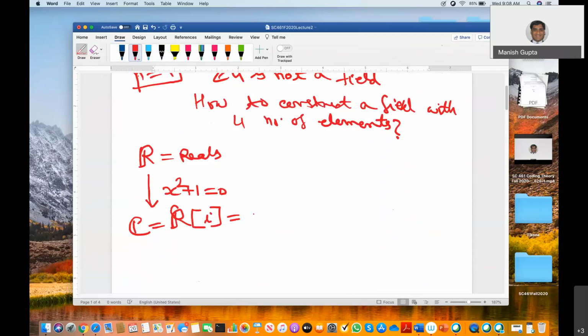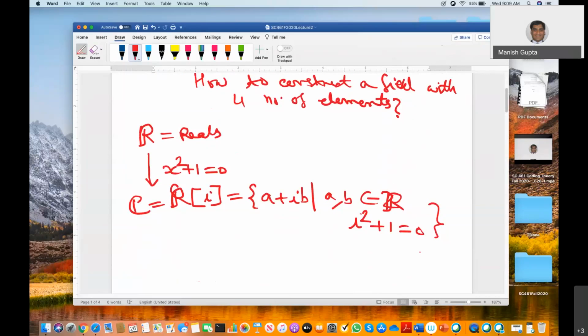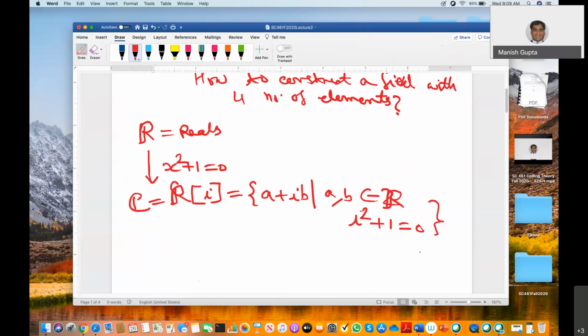In other words, it is a plus ib form, such that a and b are reals, and i square plus 1 is equal to 0. i is the root of this equation. So this is how we constructed the field of complex numbers from reals.